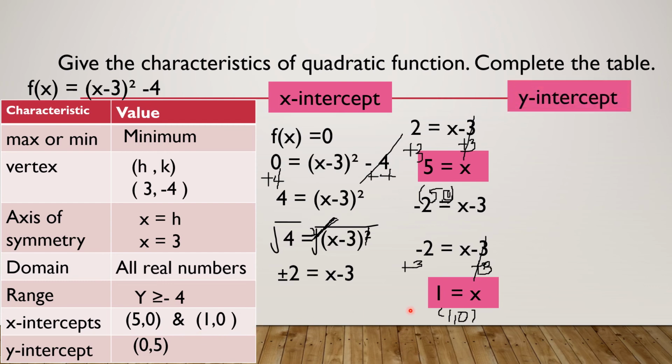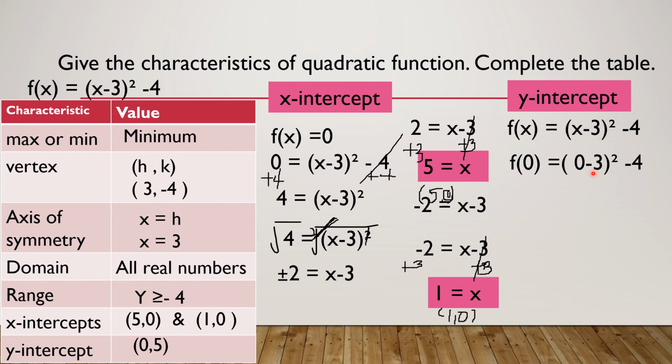Okay, what about the y-intercept? The y-intercept, we let x is equal to 0. So in the given quadratic function, f of x is equal to the quantity x minus 3 squared minus 4. Simply, we just replace x with 0. So we have f of 0. F of 0 is equal to the quantity 0 minus 3 the quantity squared minus 4.